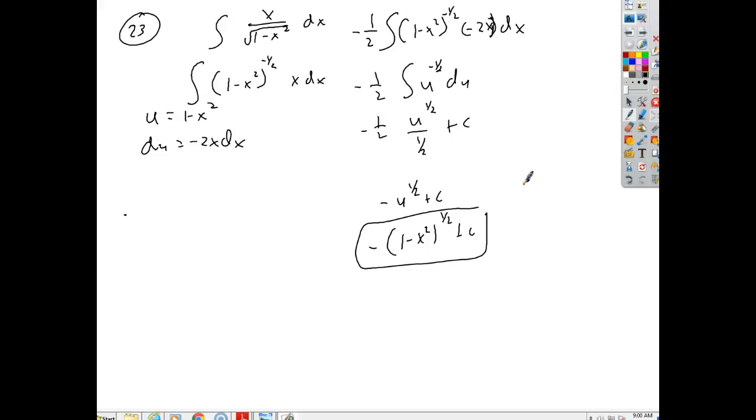Since du is equal to -2x dx, you get -2x dx on that side and substitute du for it. So -2x dx is du, right? So I can now do an integral with respect to u. That's the way we phrase it.